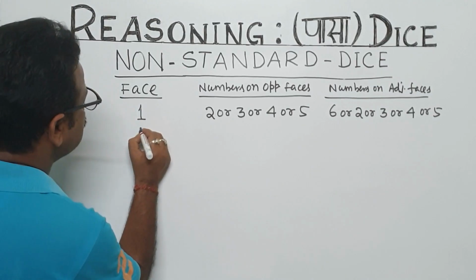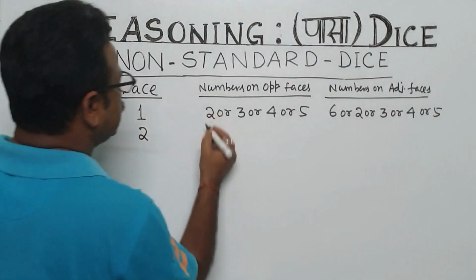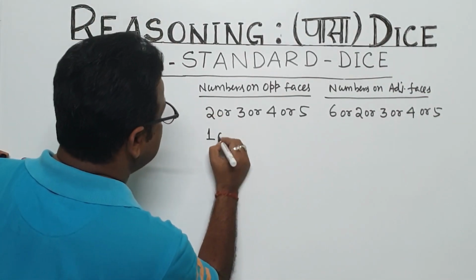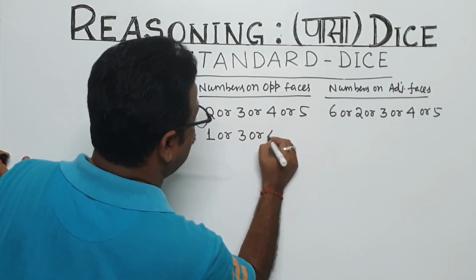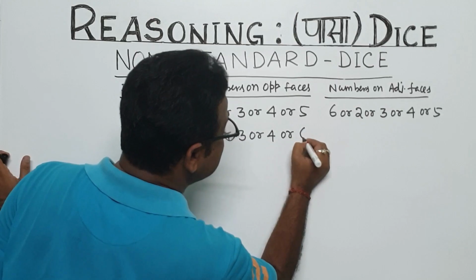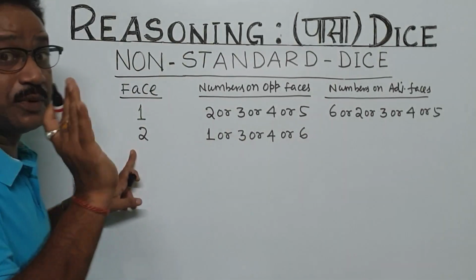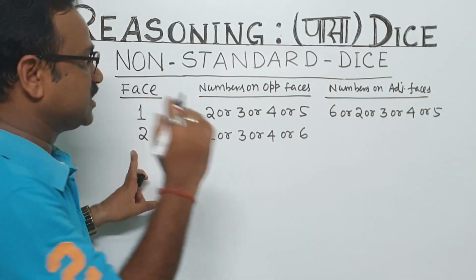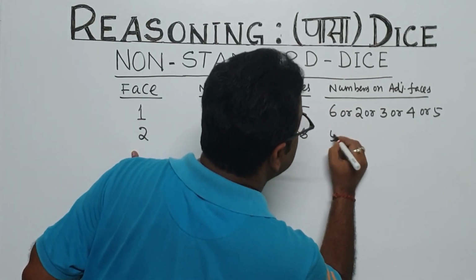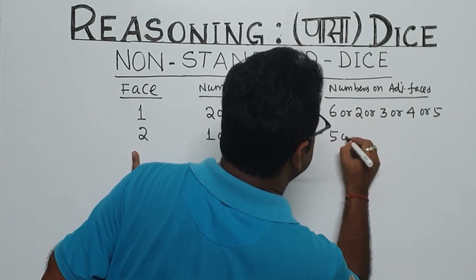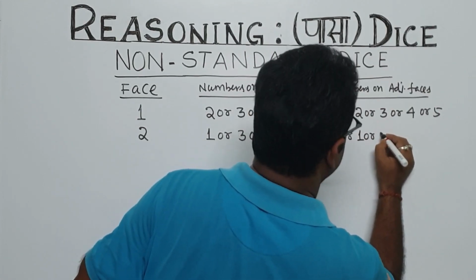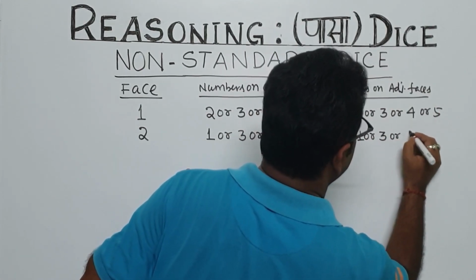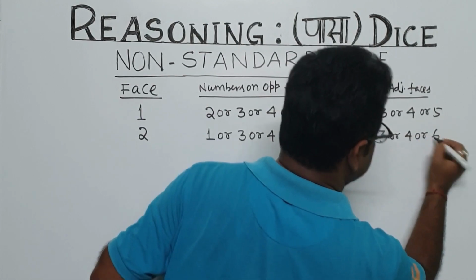Now come to 2. When 2 is there, 1 will be there, or 3, or 4, or 6 on the opposite face, but 5 will not be on the opposite face. So 5 will be where? In the adjacent faces, along with 1 or 3 or 4 or 6.